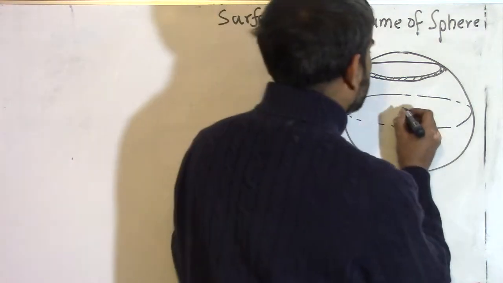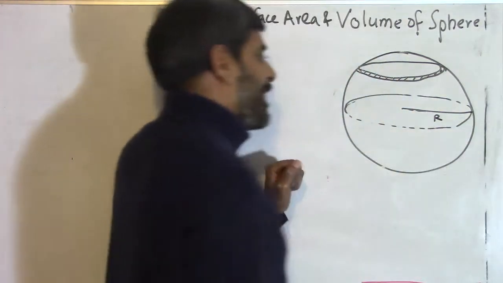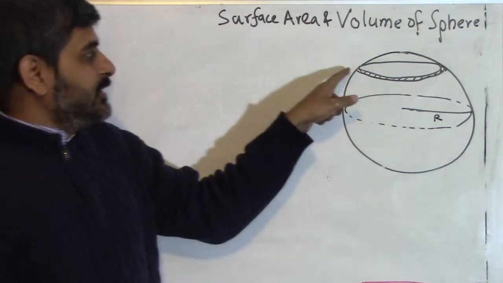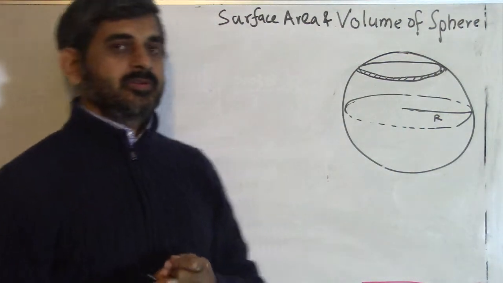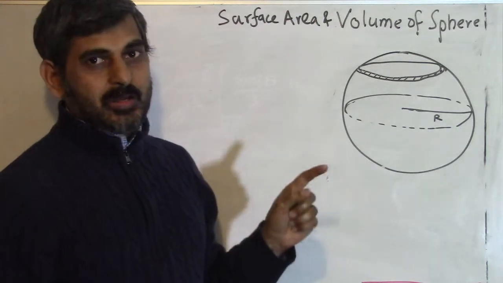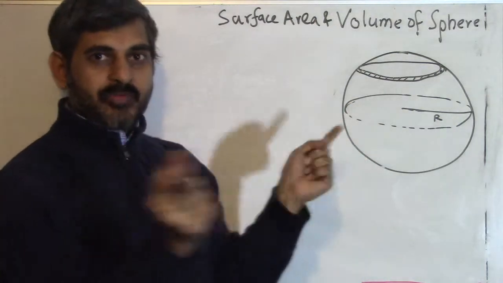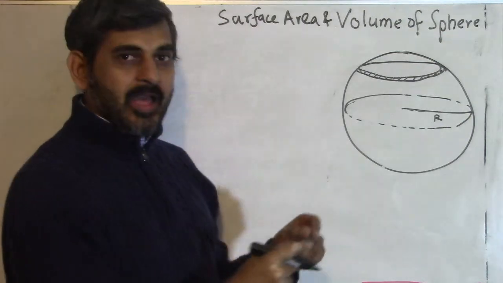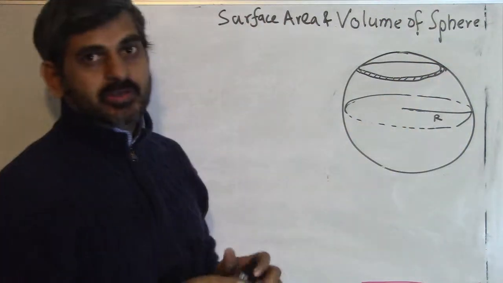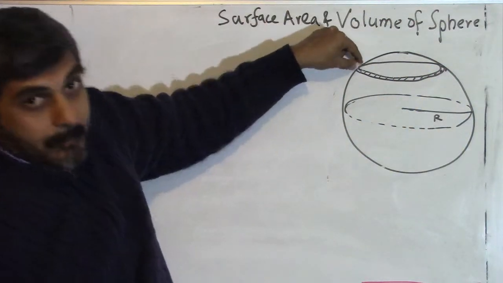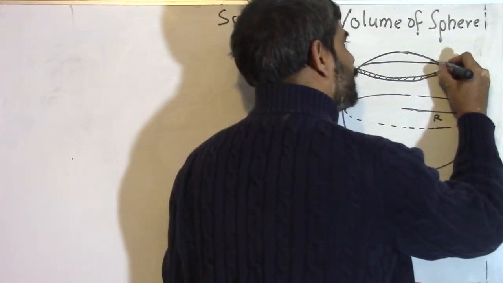So let us say this radius is capital R. To find the surface area of this small piece, we need the length of this circumference, and then we multiply it by the width of this strip. The width is this portion of the arc here.